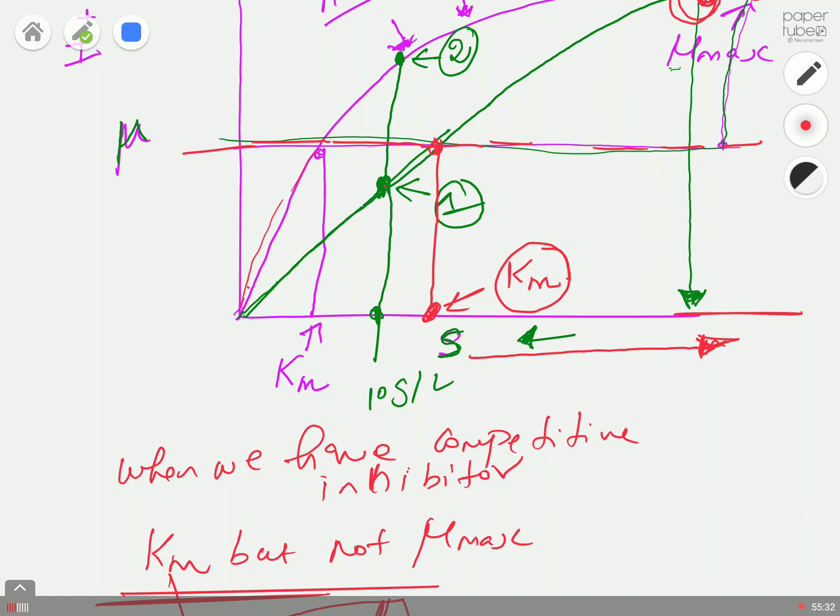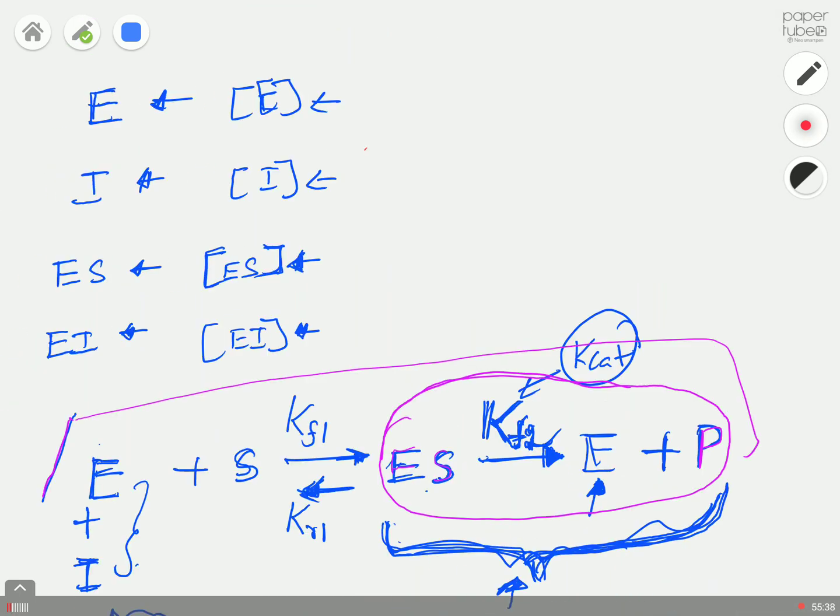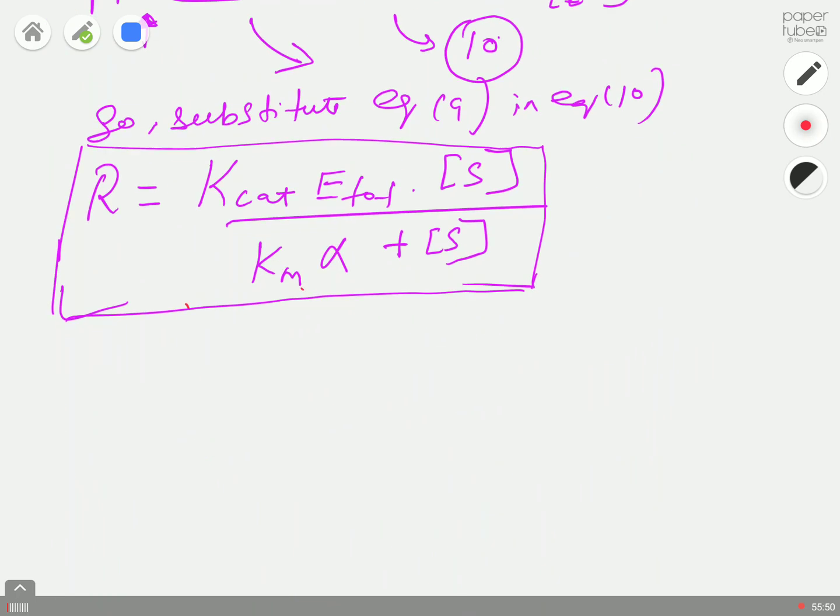And then we know whenever we have a competitive inhibitor, the total enzyme concentration at any instant of time will be just equal to all these values which you are seeing here: enzyme concentration, enzyme substrate, and enzyme inhibitor complex. And from that finally we managed to derive a rate expression that looks like a Michaelis-Menten expression, but it's not exactly.